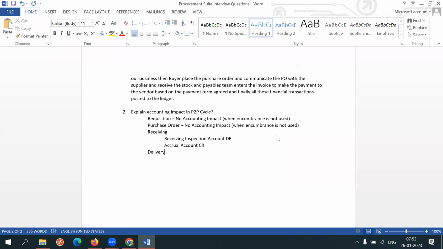After delivery, receiving inspection is credited, that's right, and the inventory account is debited. At the invoice, the accrual account will be debited and the liability account credited.